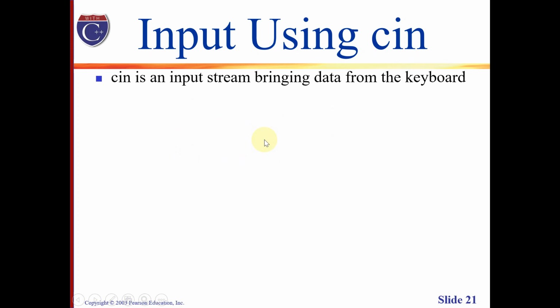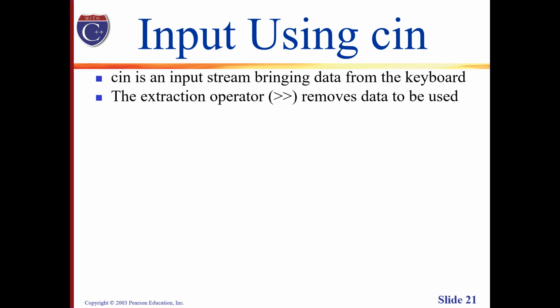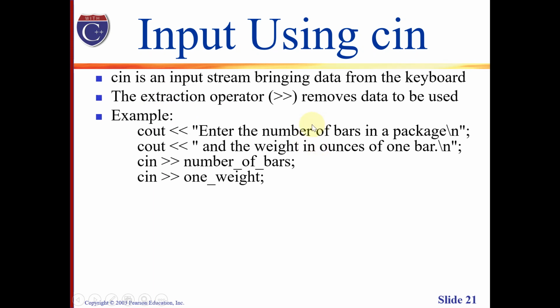As opposed to cout, which uses the insertion operator, in the case of cin, the extraction operator is used to remove data to be used, such as in these examples. In this case, we use cin to get input from the keyboard and put this into the variable number of bars, same also with the variable one weight.